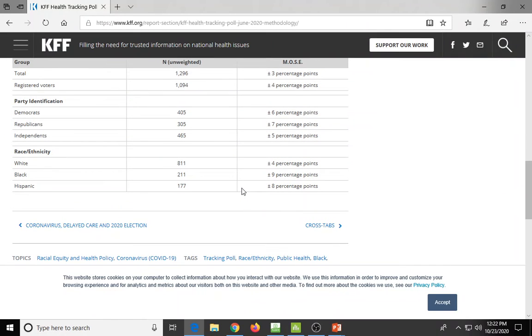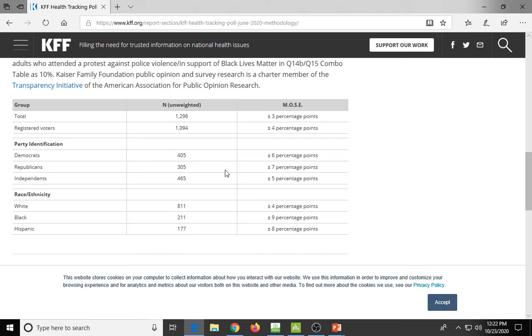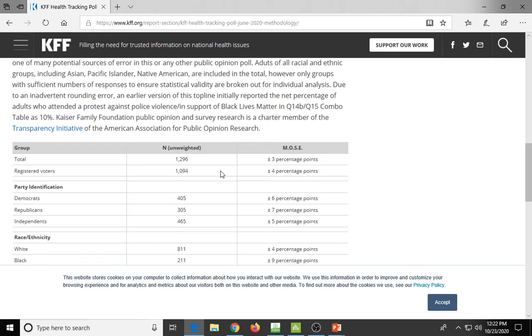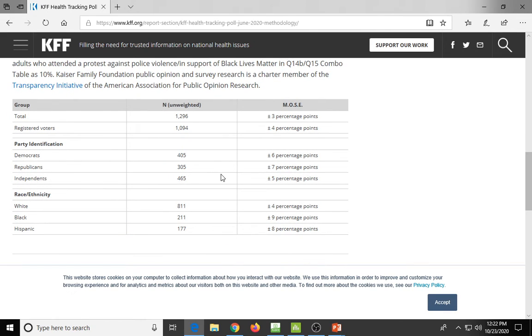What is the rightmost column in the note? Margin of standard error. So what does it mean to have a margin of standard error for a number of samples?